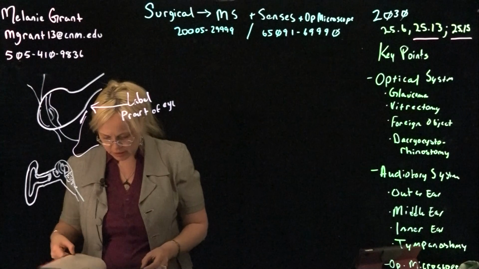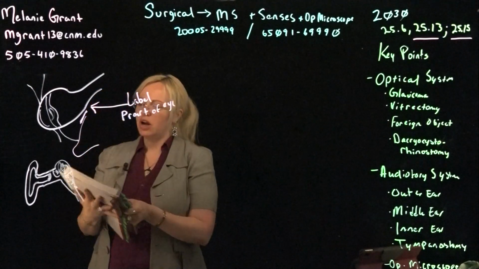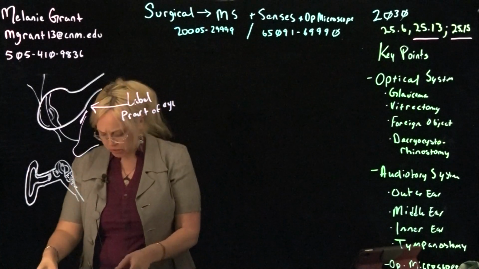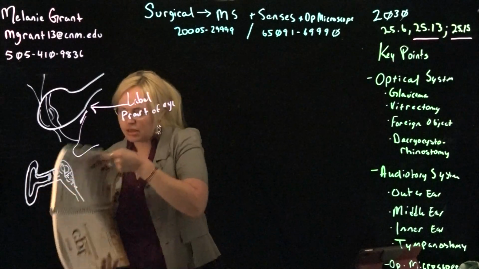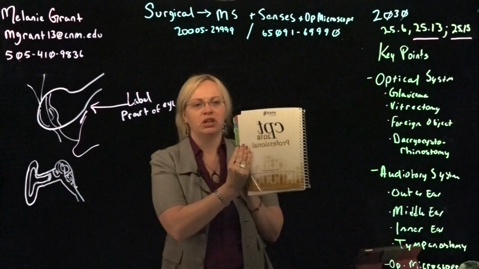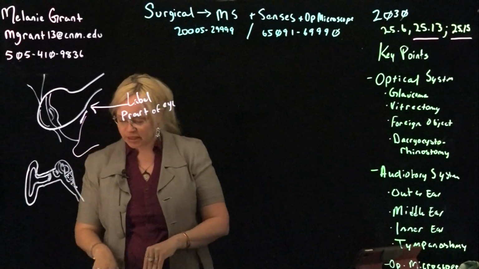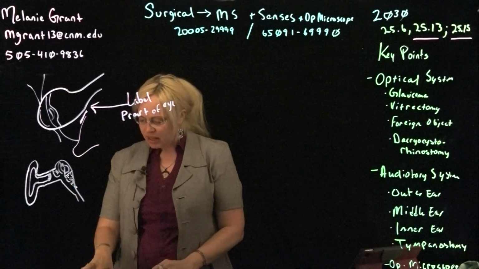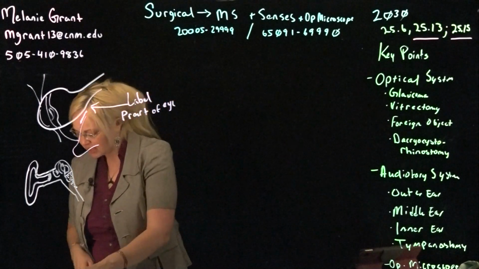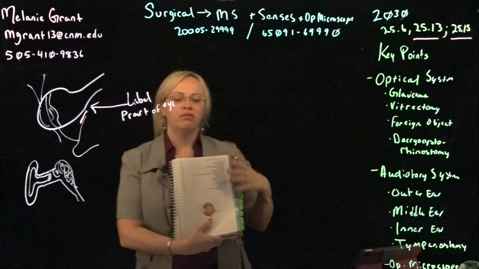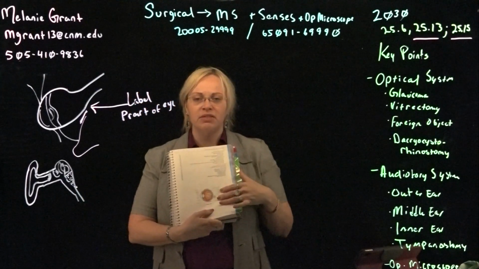Okay, so you have your surgical section for eye and ocular adnexa, which starts on page 421 of the 2018 CPT Code Book for Professional Edition by the AMA, which is the edition that's recommended for this class. And you have procedures to the eyeball, anterior segments, and posterior segments. And yes, you do in fact have a definition of the eye anatomy here on that next page to identify the different labeling.